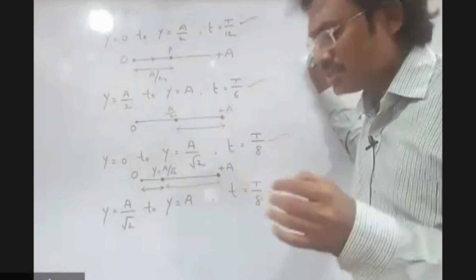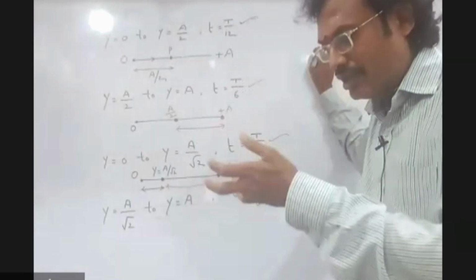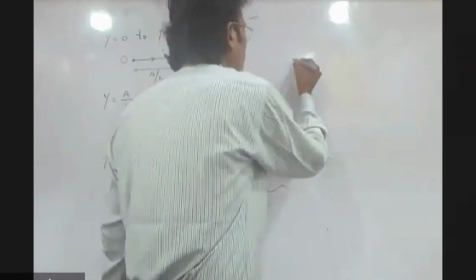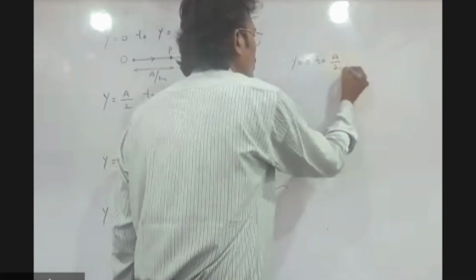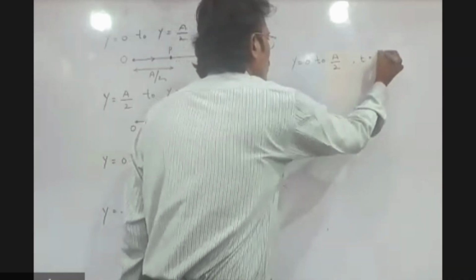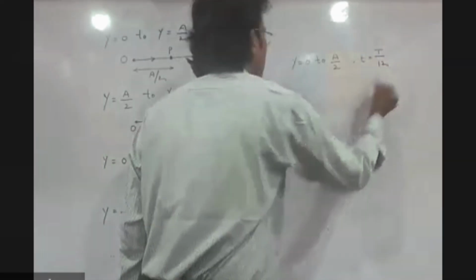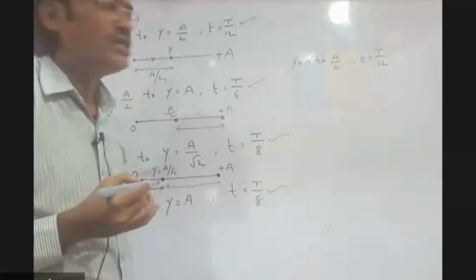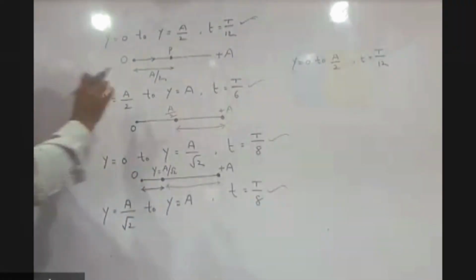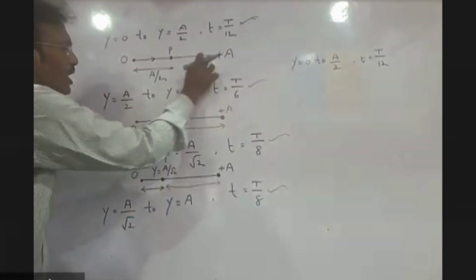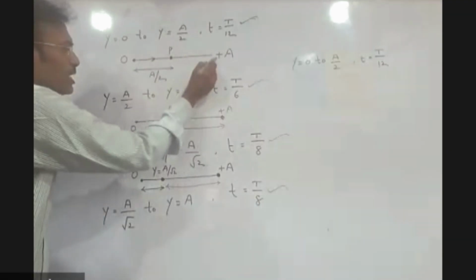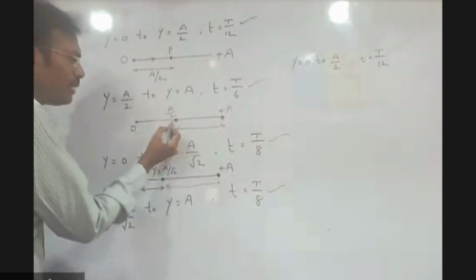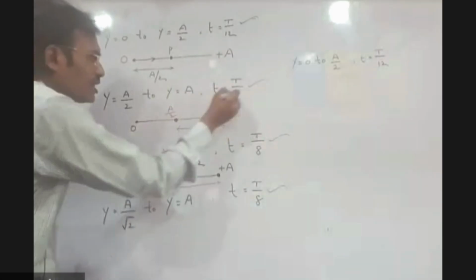Otherwise, you take one tabular column like this. Y is equal to 0 to A by 2, time is T by 12. Next, from A by 2 the particle goes to A. How much time does it take from A by 2 to A here?